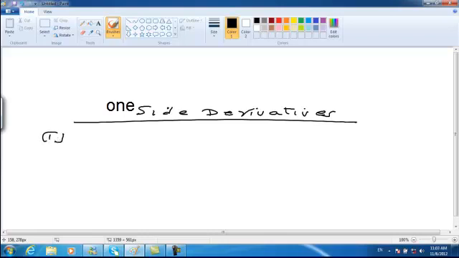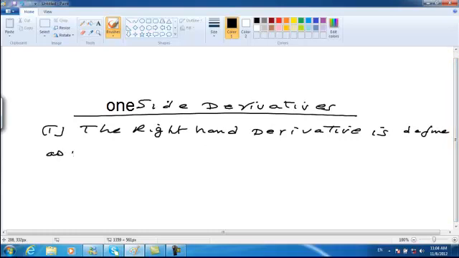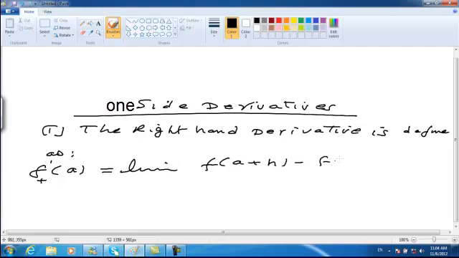One, the right hand derivative is defined as f dash at a certain point a plus equals the limit of f of a plus h minus f of a, divided by h, as h tends to 0 plus.